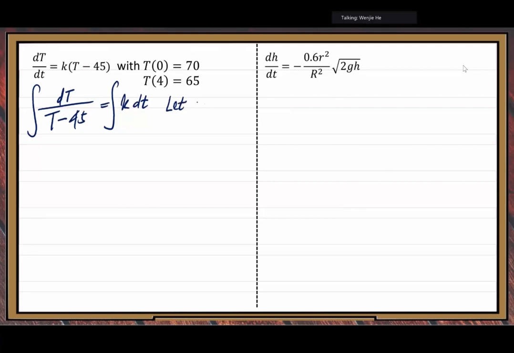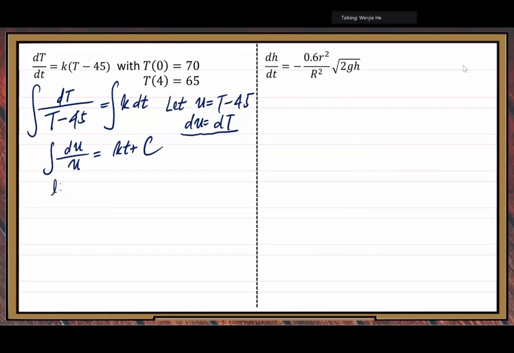Many of you may like to use variable substitution. Because this is pretty easy, if you can do it without substitution, that's good. But most students still like this way. Now du equals dt, so we get du over u equals kt plus C.